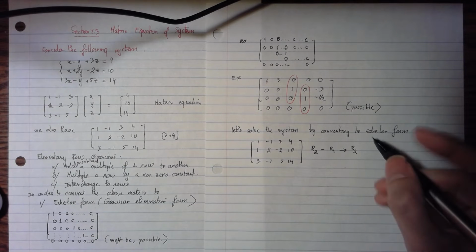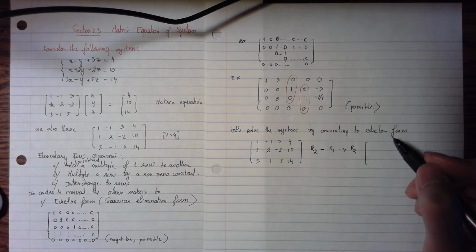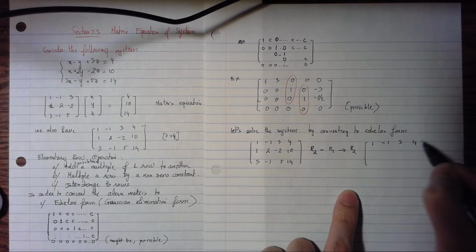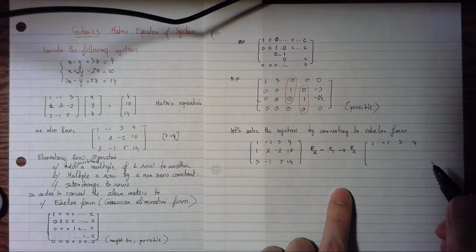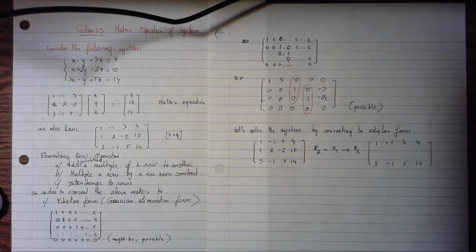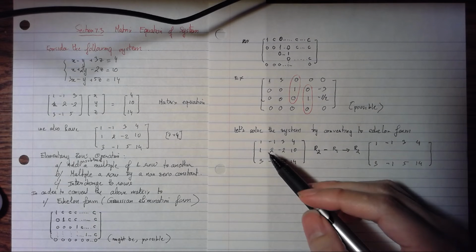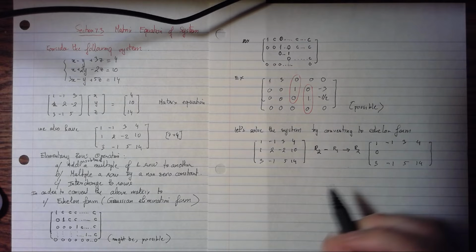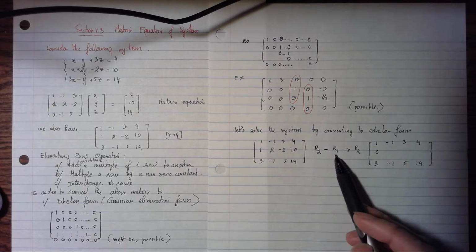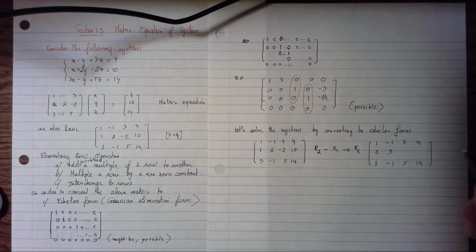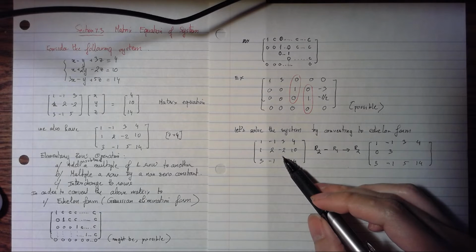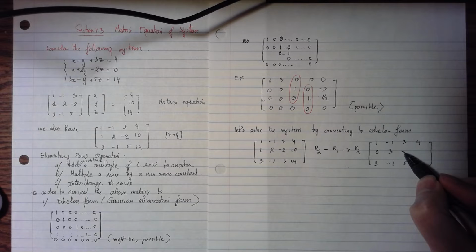My row 2 will be new, and row 1 and row 3 will be the same, because we don't want to change them. So my new row 2 will be 1 minus 1, which is 0. 2 minus 1 will be 3, right? Negative 2 minus 3, negative 5. 10 minus 4, 6. Here you go.